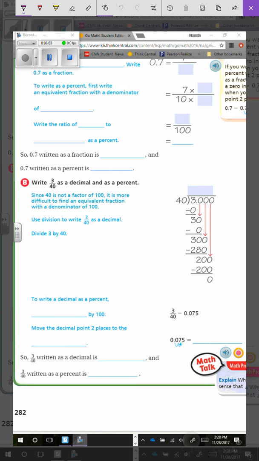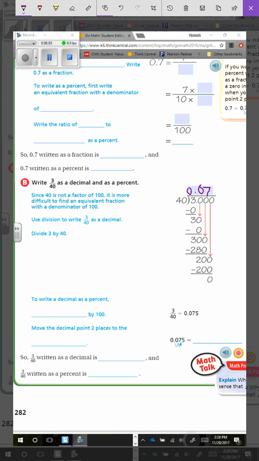So we simply divide 3 by 40. 40 does not go into 3 evenly, so a 0, carry it down, so we're working with 30. 40 still does not go into 30, so again it goes in 0 times. We look at the next place value, which is 300. 40 can go into 300 7 times, which gives us 280.